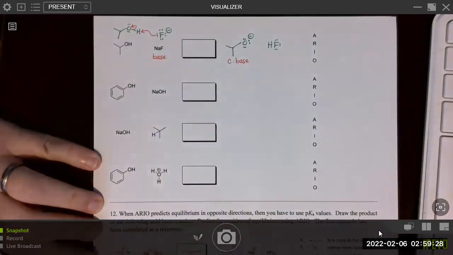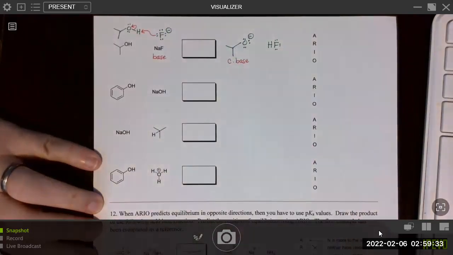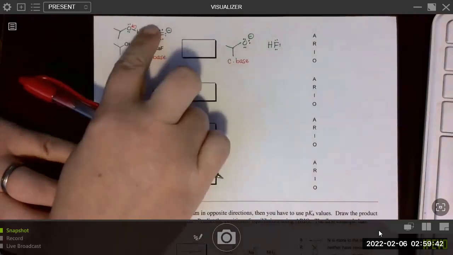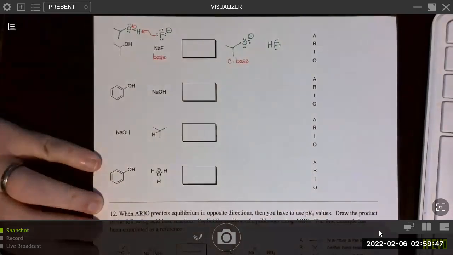And so that's what we're going to be comparing here, is this oxygen with a negative charge versus the fluorine with a negative charge. So in comparison here, remember the way it works for the atom is when they're in the same row, we say that as we go to the right on the periodic table, the base gets weaker because the lone pair and the negative charge, the extra electron and the negative charge are more stable on an atom that's more electronegative.